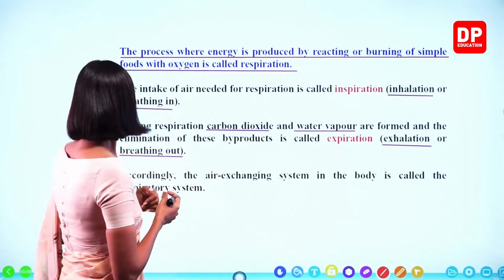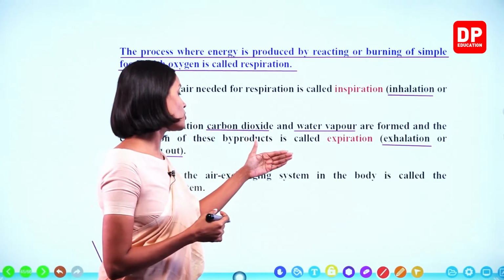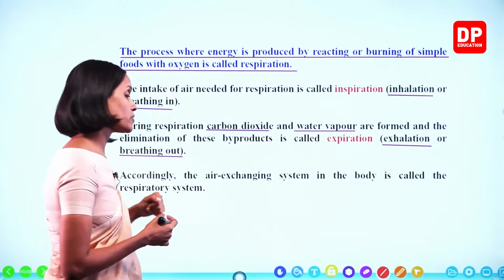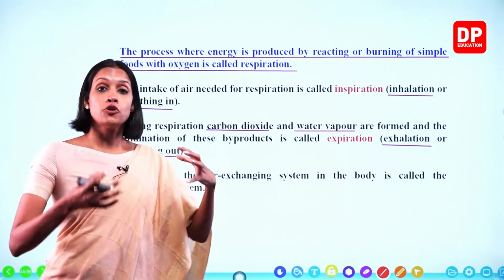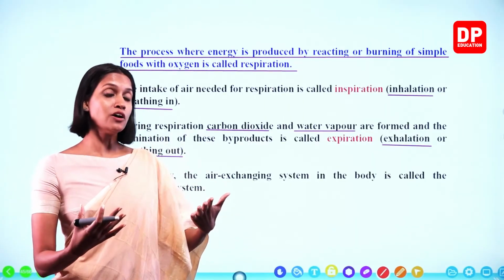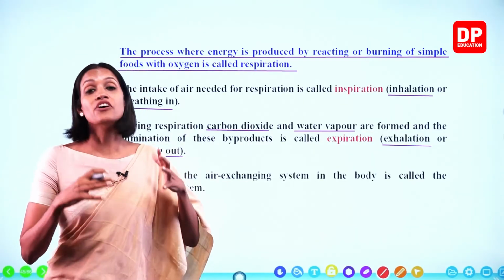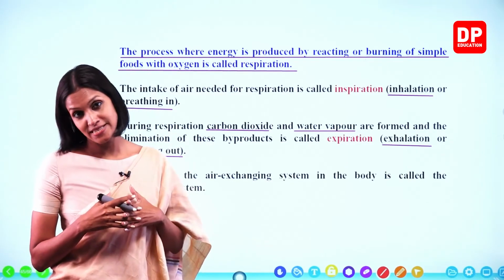Accordingly, the air exchanging system in the body is called the respiratory system. To take oxygen in and to send carbon dioxide and water vapor out, we have a specified system. That system is the respiratory system.